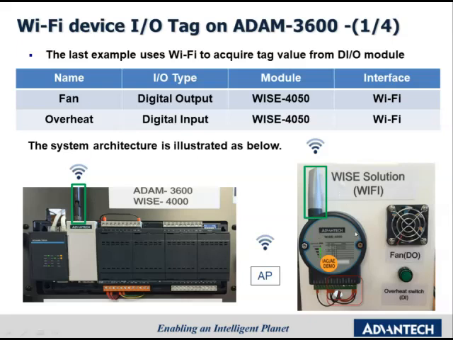Here, we choose WISE4050 to monitor DI and DO tags at the same time. The system architecture is shown as below. The Advantech 3600 with Wi-Fi module and antenna connects to the AP. The WISE4050 also connects to the same AP at the same time.